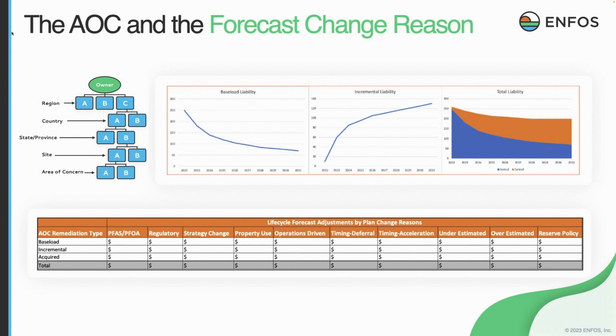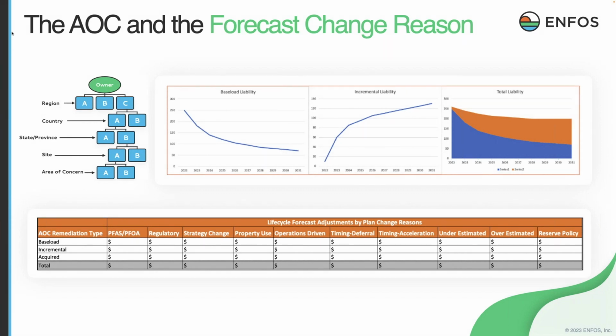Through time, if you're getting new projects, new AOCs, and sometimes new sites brought into your portfolio, those liabilities are going to grow at a faster rate because they're usually early stage. We have to do investigation and feasibility study and RI work, and those liabilities will grow through time. That's the incremental. When you sum those up in a given portfolio, as a total liability on the right, it generally can look like a flat line.